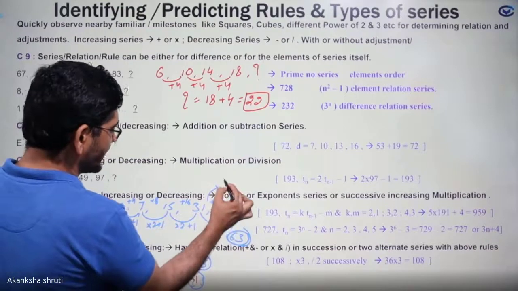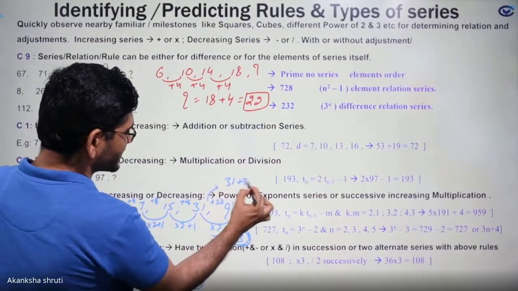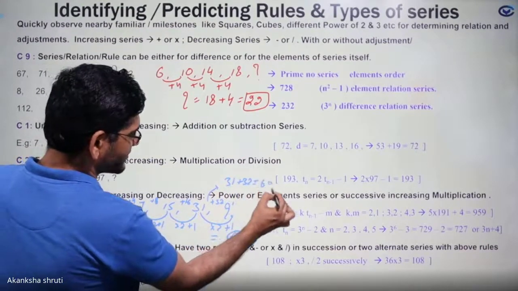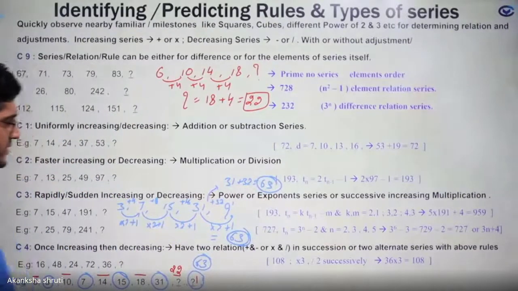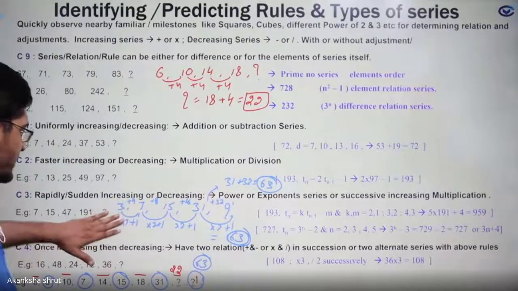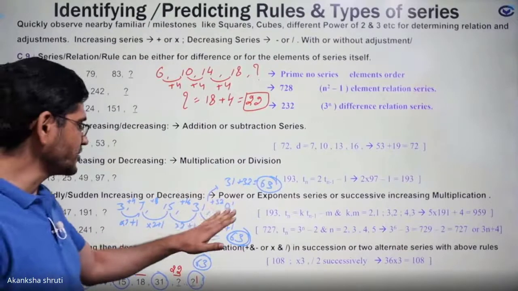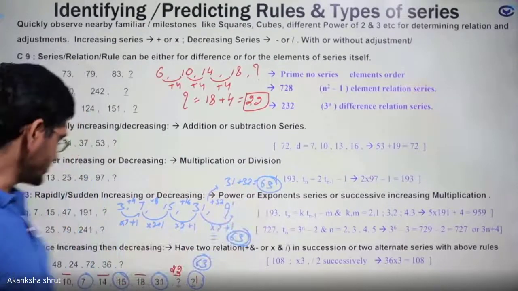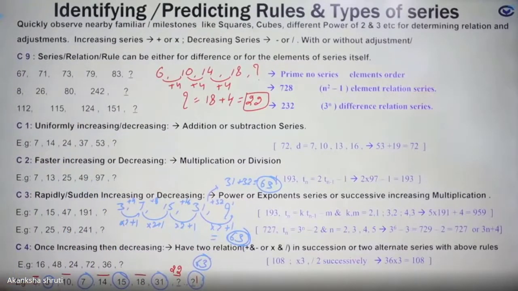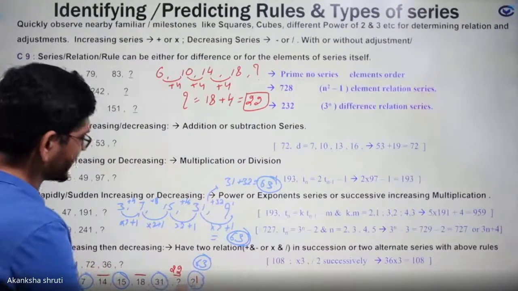So it should be 31 plus 32, and you will get the same result, 63. Okay, students? So whichever is easily visible to you, you can use it. So the two alternate series, it is also possible to keep three series in alternate fashion.